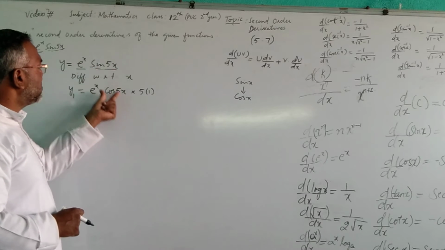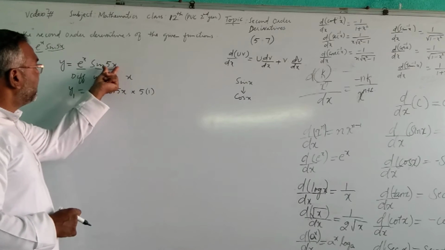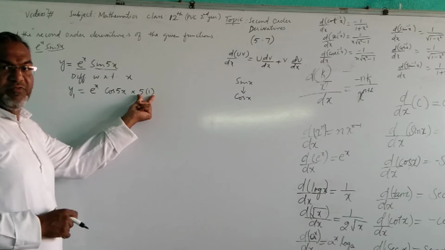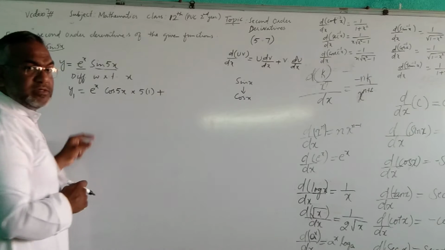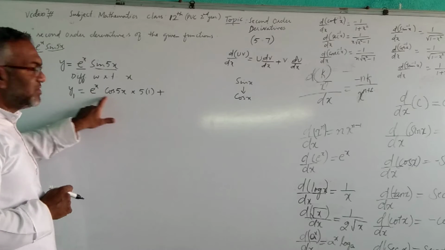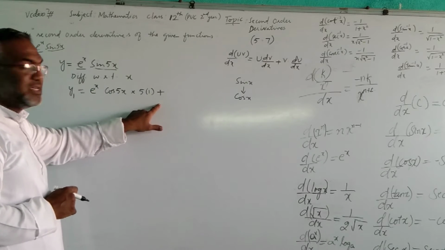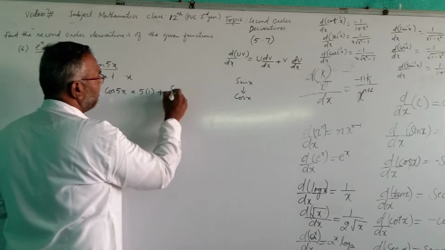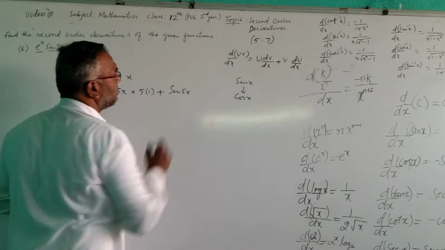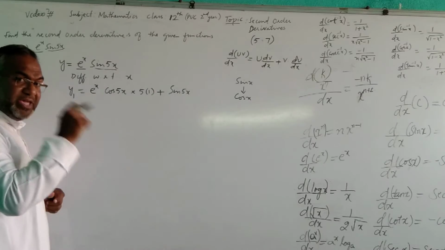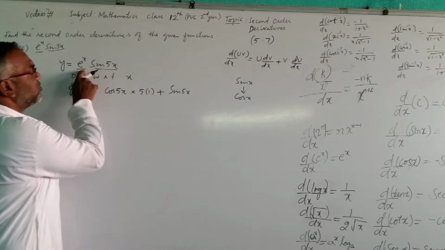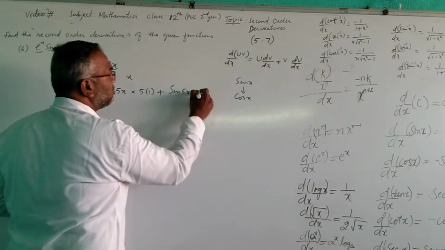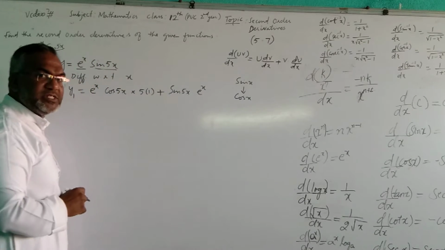Sine, differentiation of sine is cos, and then differentiation of 5x is 5 into 1, plus first function as it is, differentiation of second is over, plus second function as it is, sine 5x, differentiation of u is here e to the power of x. We know differentiation of e to the power of x is e to the power of x itself.